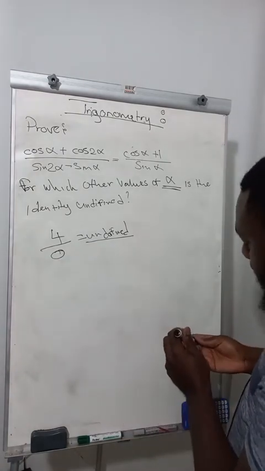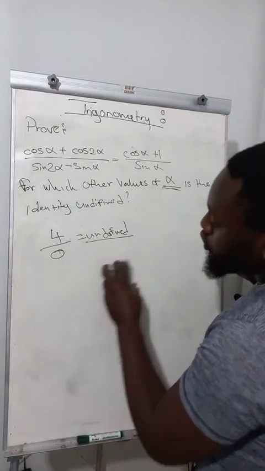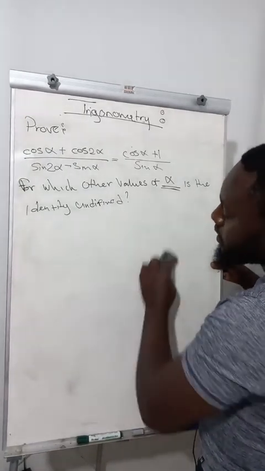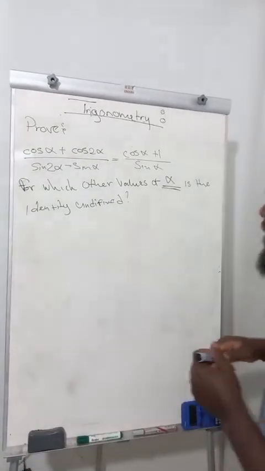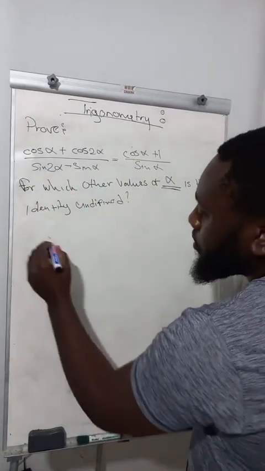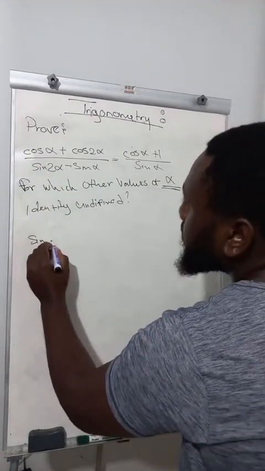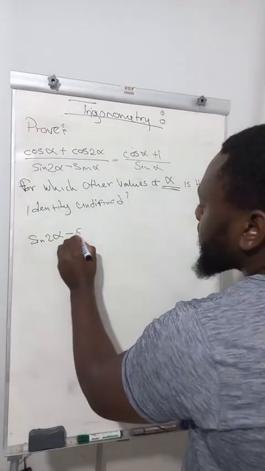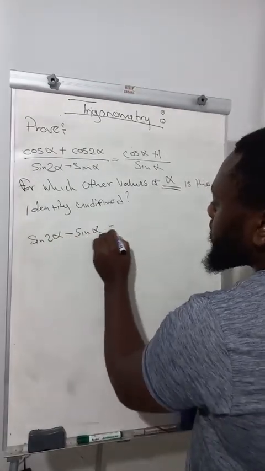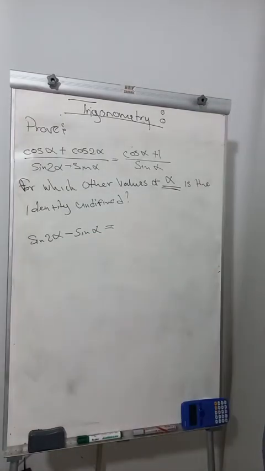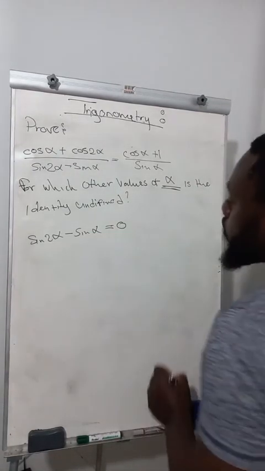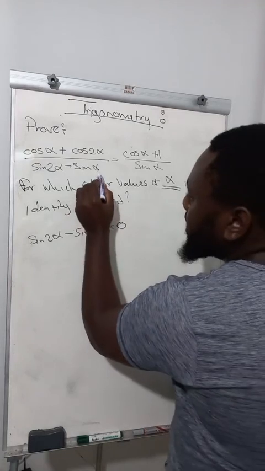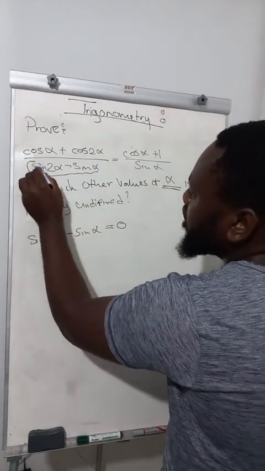So in this case, we are going to do the same thing. We are going to say, let me choose this side, sine 2 alpha minus sine alpha is equal to what? You need to equate it to 0, because this here is the denominator.